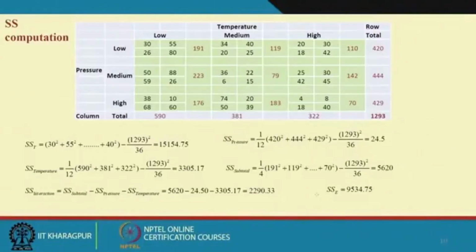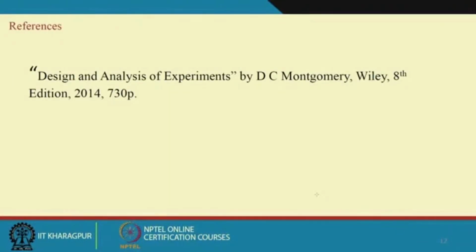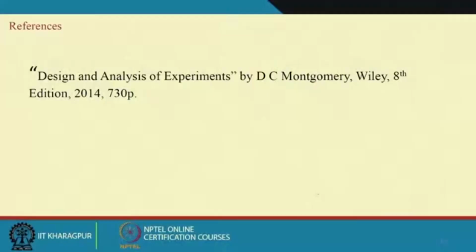I am sure that you are now in a position, given a factorial experimental data set, to conduct the ANOVA study and conclude which factors are contributing, whether the main effects or interaction effects or both are contributing, and which effects are contributing and which are not. Okay.